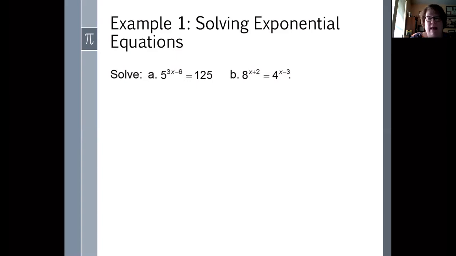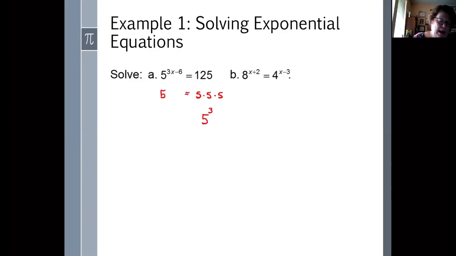Those are not the same base. But can I write 125 as 5 to some power? And the answer is yes. 125 is 5 times 5 times 5, which we can write as 5 to the third power.